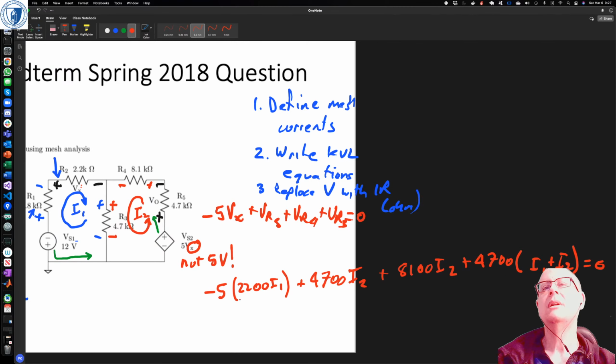Then pulling all of that out, what's that? That's 11,000 I1 minus 11,000 I1. So what's that? That's minus 6,300 I1. Have I got that right?